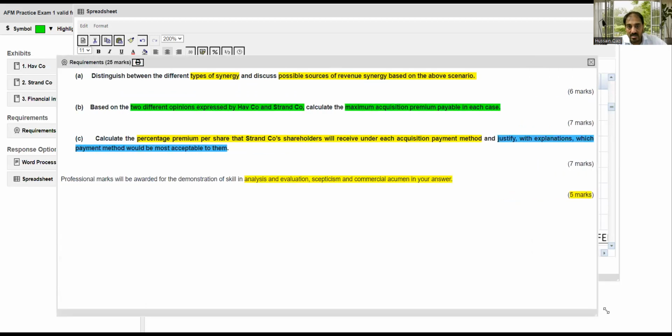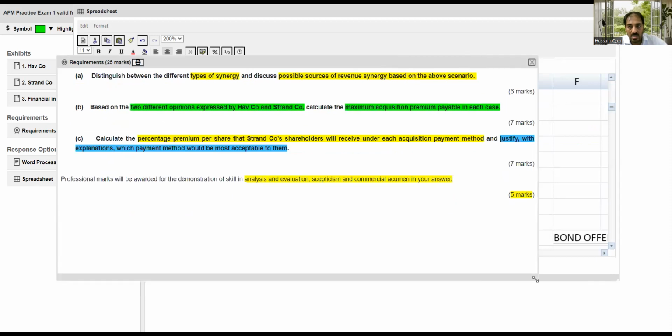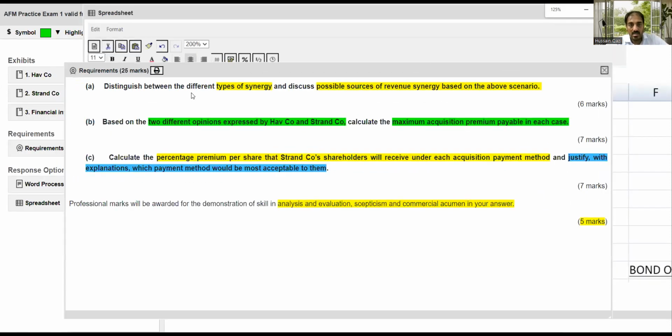Here is the requirement. Calculate the percentage premium per share that Strand shareholders will receive under each acquisition payment method. Done. And justify with explanation which payment method will be acceptable to them. That's another 3 to 4 marks out of 7.